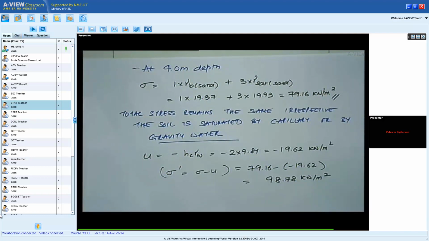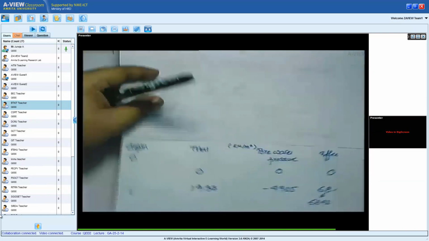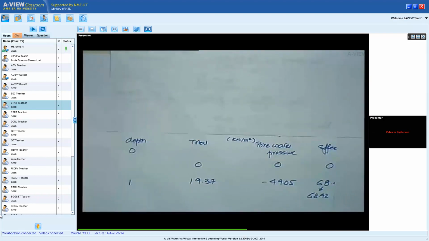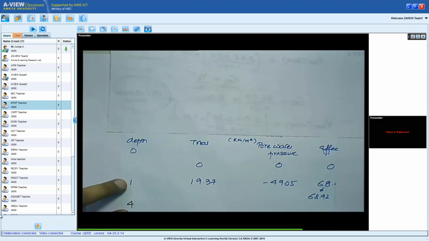Okay, let's write these three numbers down on our wonderful sheet. Just going to copy this again. This time I'll use a black pen, and we are looking at 4 meter depth, I guess. Your total stress is 79.16.